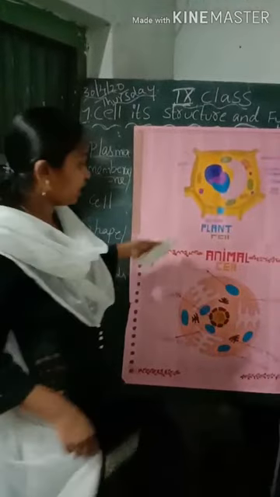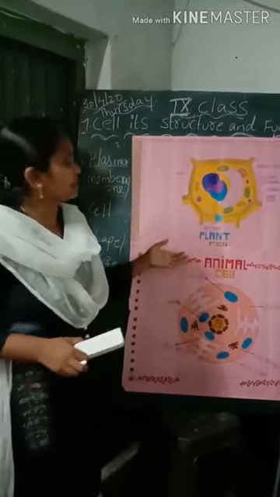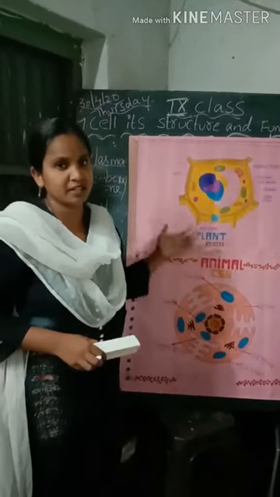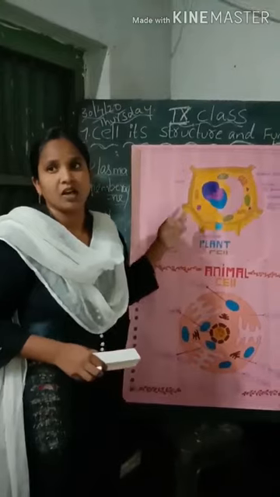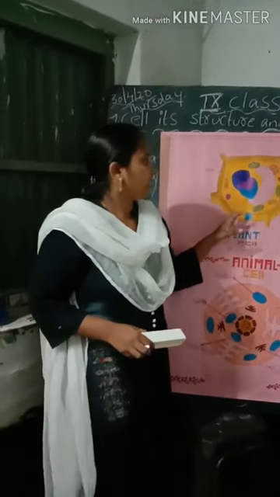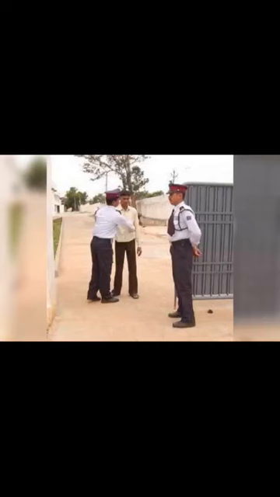Third main function is, plasma membrane allows only certain substances inside the cell. That means in our schools we have security guards. What is their duty?